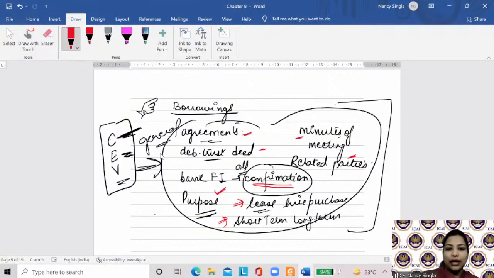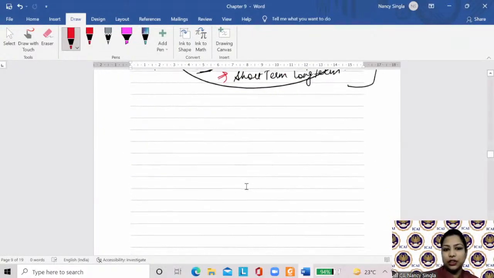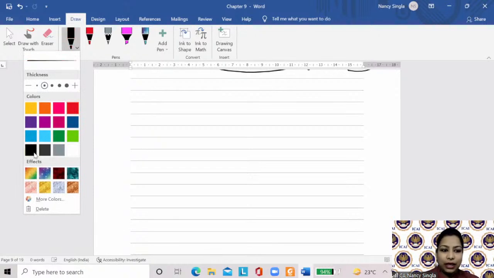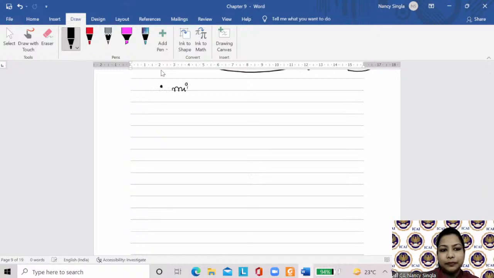I'll show you how to summarize this topic as well. First of all, as all of you have told me, the minutes of the board meeting are required to be verified. Why? Because if any new loan has been taken, then it should be authorized, right?